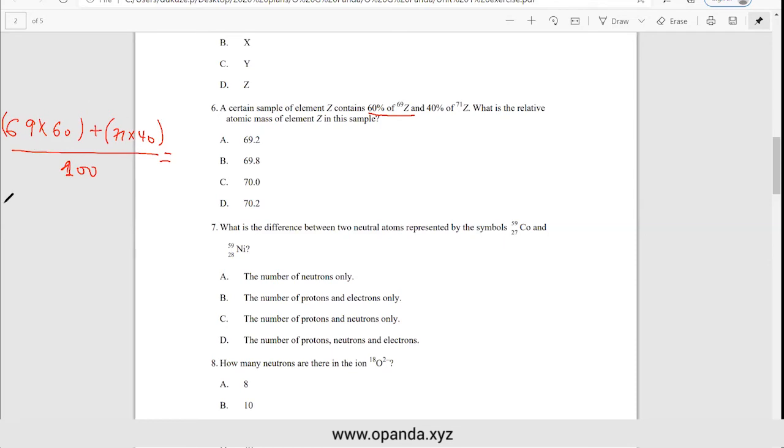But me, I get something like 41,684. The answer is 69.4. Me, I got 41,684. Let me check.